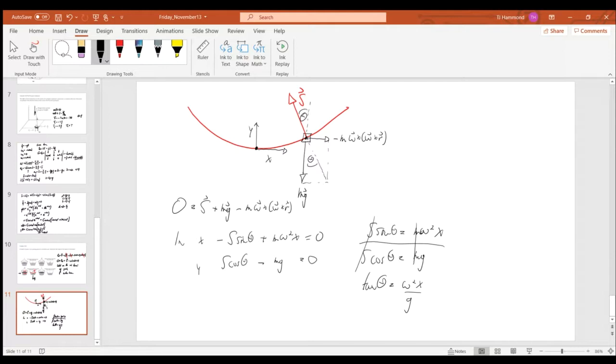But we have to be careful here about what tan theta actually is. If you think about what tan theta is, you look at what this angle is and you say, oh, well, that's going to be cosine over sine, but that seems kind of strange. So if we actually look at it a bit more carefully, what we have also is here, this is also theta, okay?